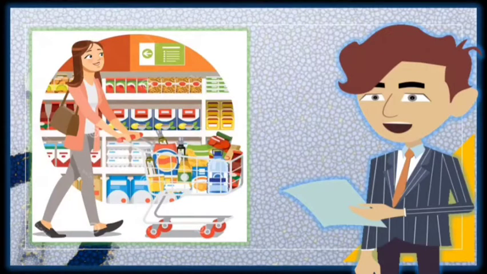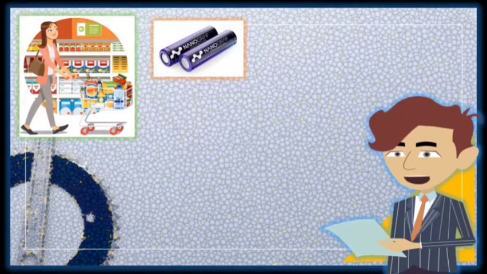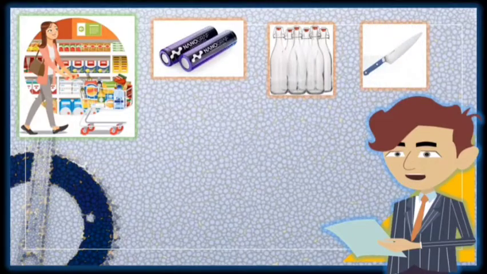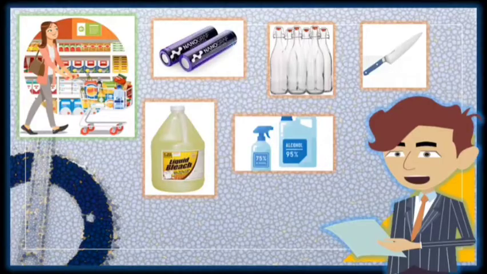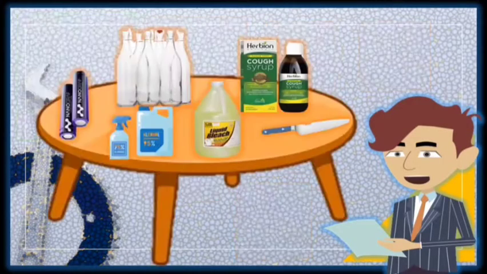How can you store them in their proper places? Like we have batteries, glass bottle, kitchen knife, liquid bleach, alcohol, and a cough syrup. Do you think it is right to put these things on top of the table where children can just play with them? Of course not, isn't it?